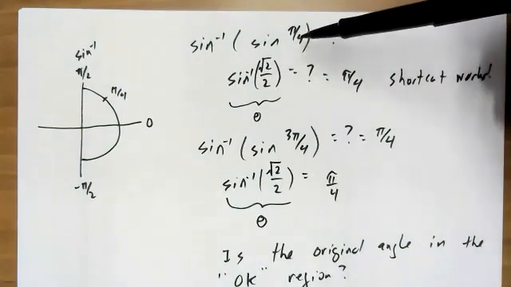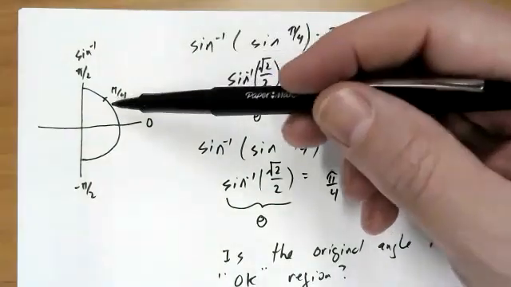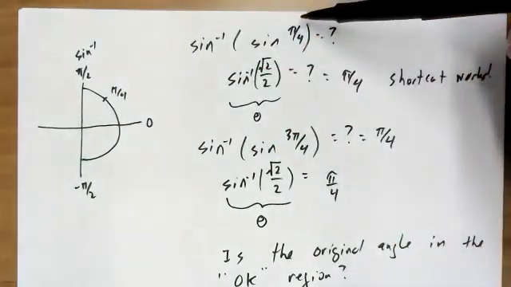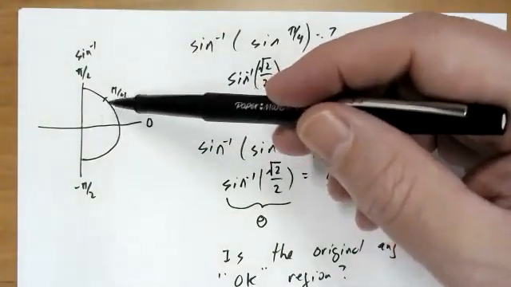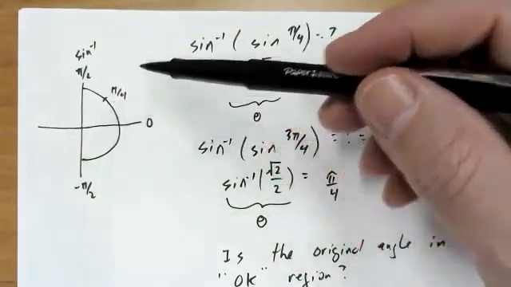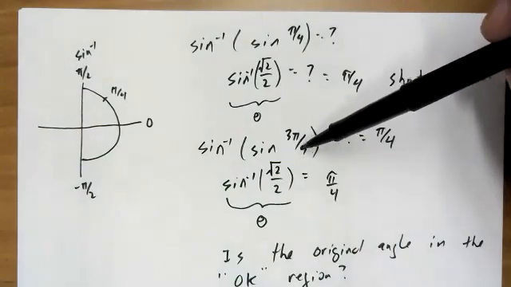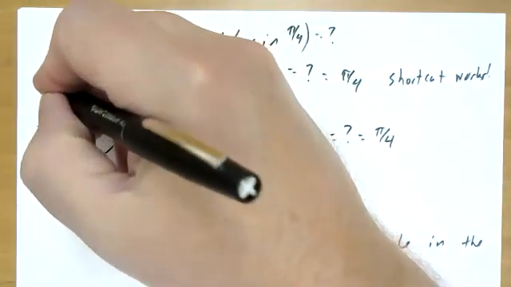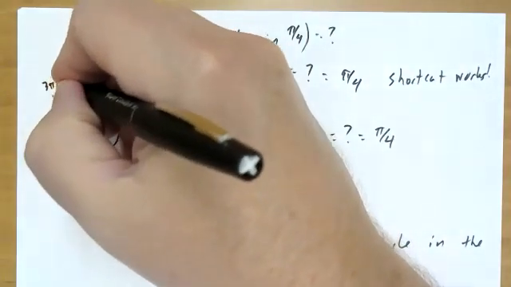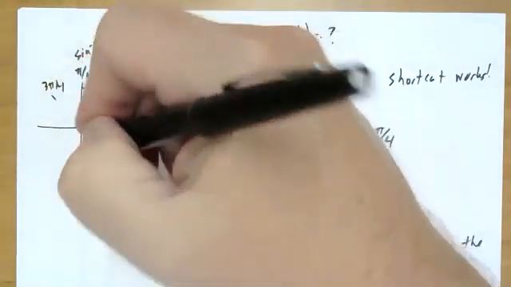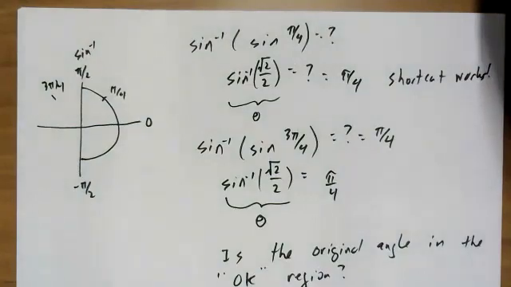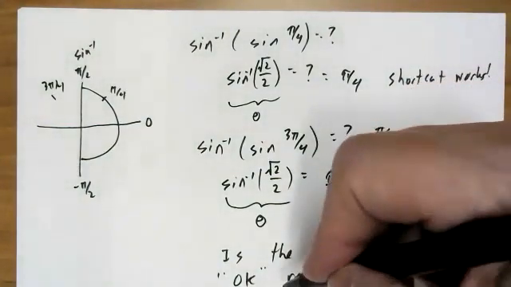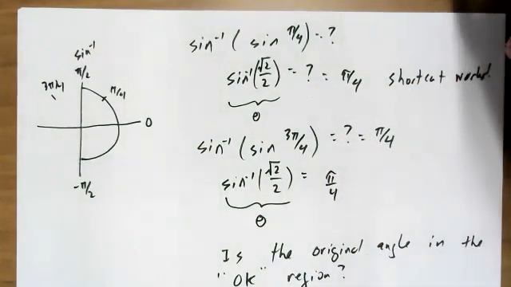So in other words, if I start out with pi over 4 here, then yes, the original angle is in the quote unquote OK region. If I looked at 3 pi over 4, 3 pi over 4 goes over here, and it's not in the region of my inverse sine function. So that's what I mean by the quote unquote OK region.